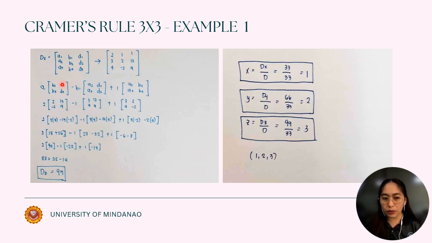So again, we will have this part, okay? So A1 is here. So we have B2, B3, D2, D3 as this part. Okay, so that's in our A1 part. In our B sub 2 part, we have here, so we just cross it. Okay, again. So we have A2, A3, D2, D3. All right.